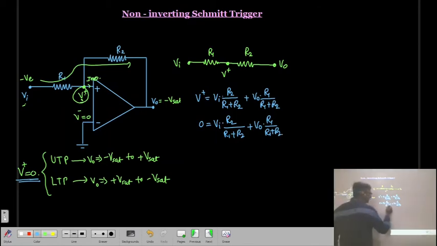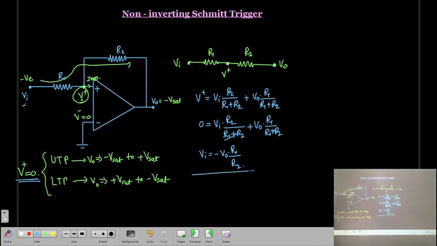So here R1 plus R2 will cancel out and we have Vi equal to minus VO into R1 divided by R2. Now from this, we can calculate the LTP and UTP.